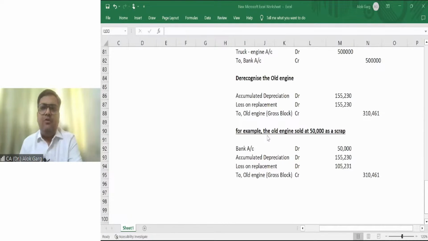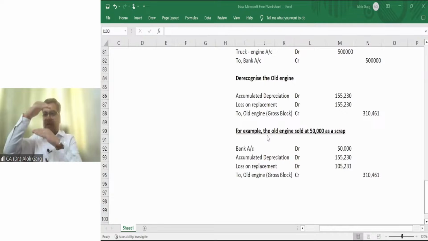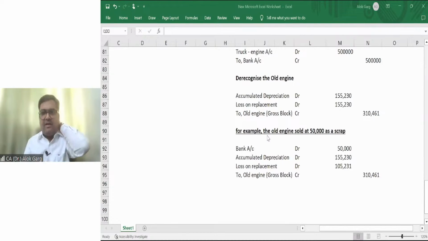For example, when you buy a car, you can capitalize the tires if they are significant, the engine, and the remainder of the car. Like if the car's total value is 10 lakh, it has to be split into three sub parts: engine, tires, and the remainder of the car.